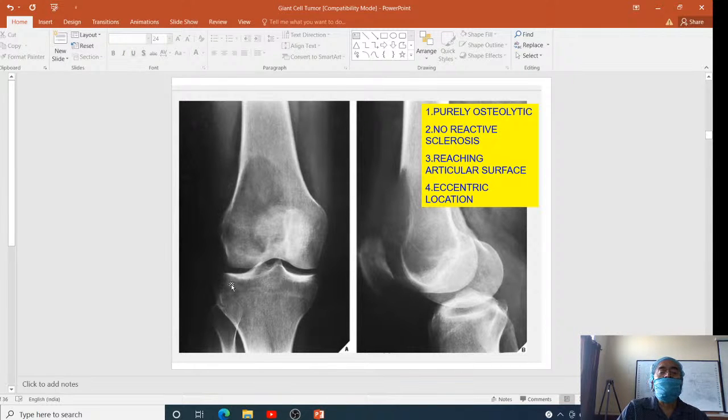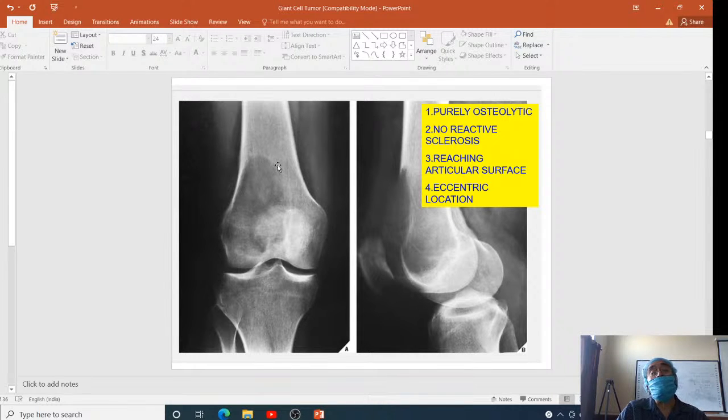So this is the upper end of the tibia. This is the fibula. This is the lesion. See, from the center it is extending on to the lateral side. And here there is no new bone formation. That means purely osteolytic. There is no osteoblastic or new bone formation. If there is new bone formation, you could see new bone being formed.